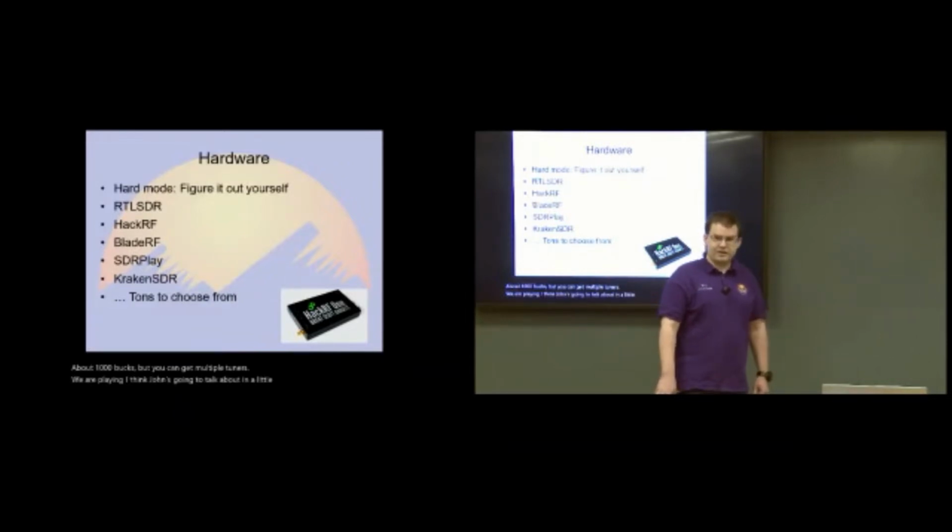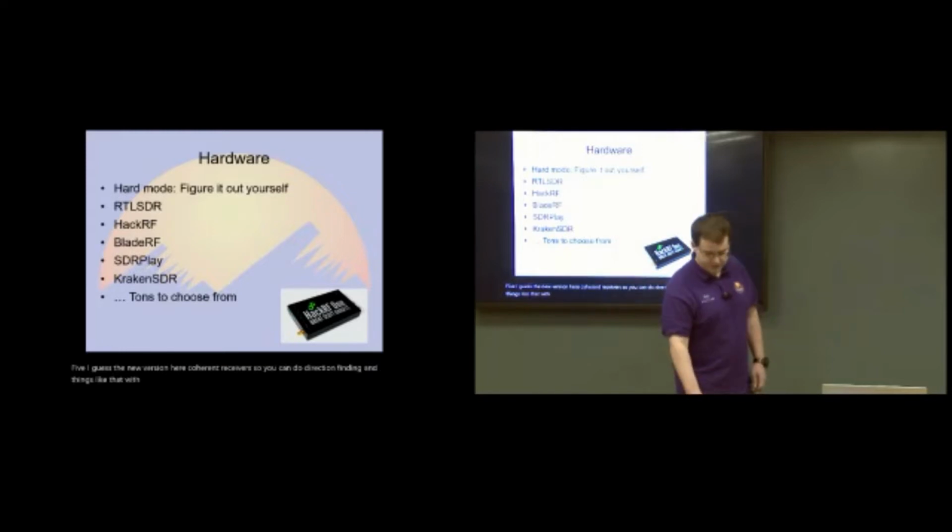Those are nice because they have some filters for the ham bands. And a good preamp. KrakenSDR is another one that people pointed me at after my last talk. That has 4, now 5, I guess, the new version, yeah. Coherent receivers, so you can do direction finding and things like that with clever software. So it really depends what you want to do.